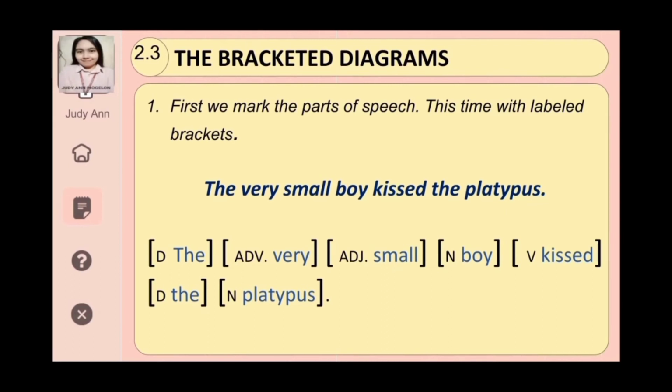We have here the for determiner, very for adverb since it's modifying the adjective small. Next is boy for noun, kissed for verb, the for determiner, and platypus for noun.